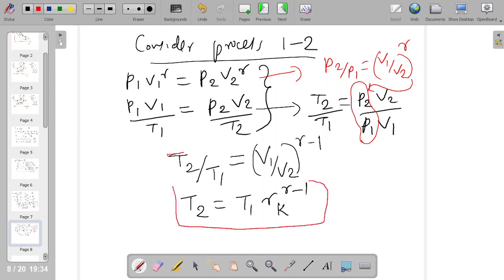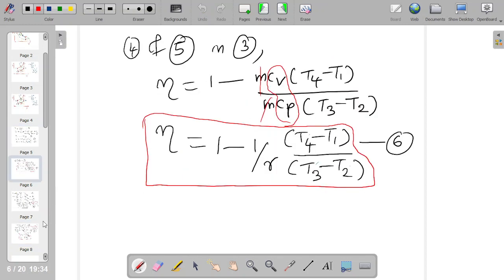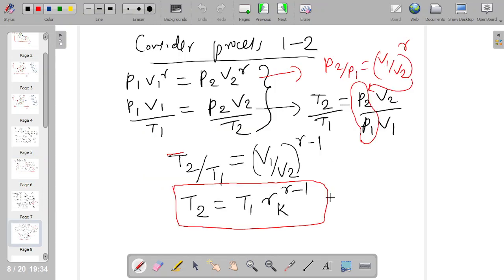So we have successfully expressed temperature T2 in terms of T1 by considering process 1 to 2 and combining these two equations. This will be our next equation, equation 7.